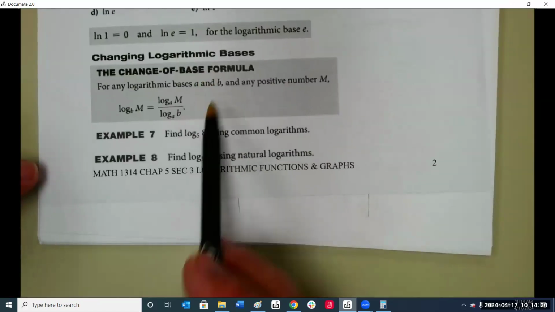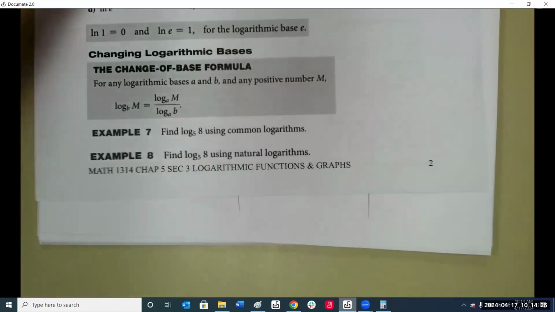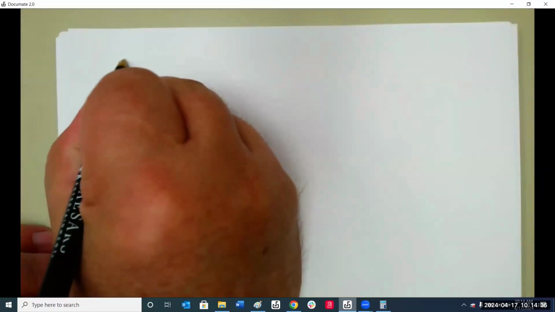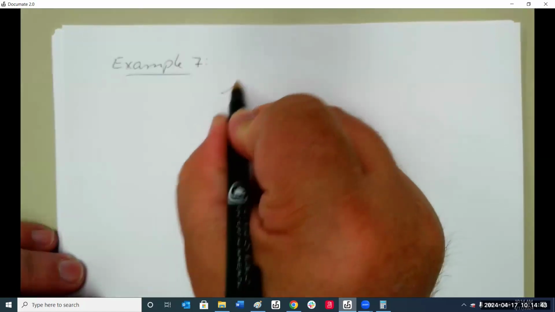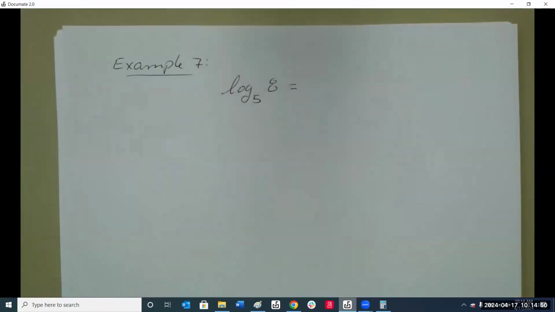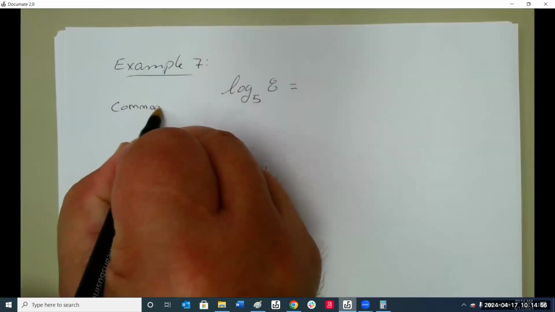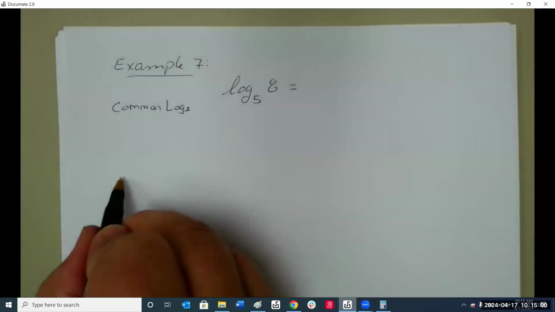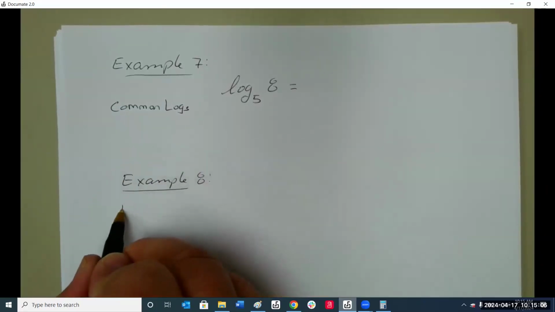We talked about the change of base already. So find log base 5 of 8. Example 7. Find log base 5 of 8 using common logs. In example 8, let's use natural logs.